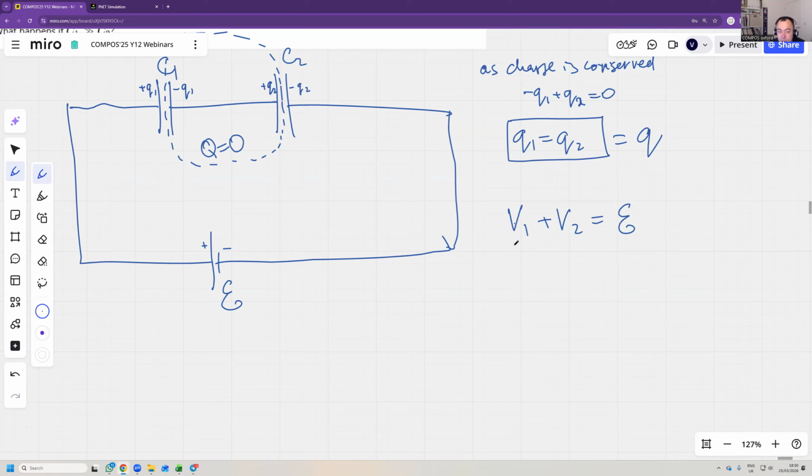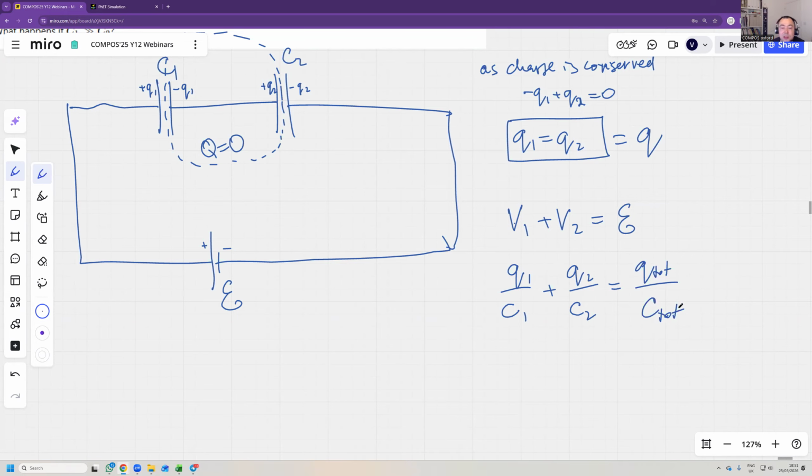And V1, what we know about capacitors, if capacitance is Q over V, so V is Q over C. So it's Q1 over C1 plus Q2 over C2 and equal to Q total divided by C total.